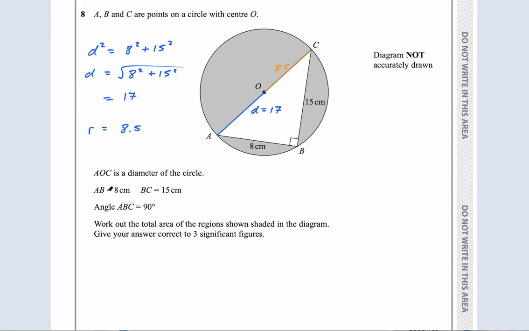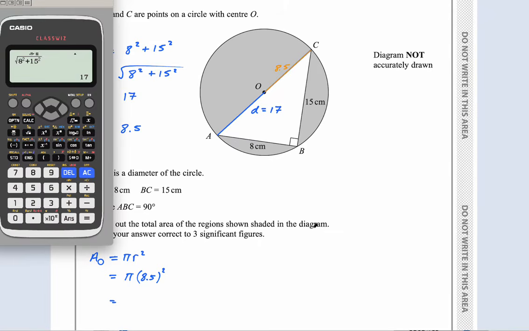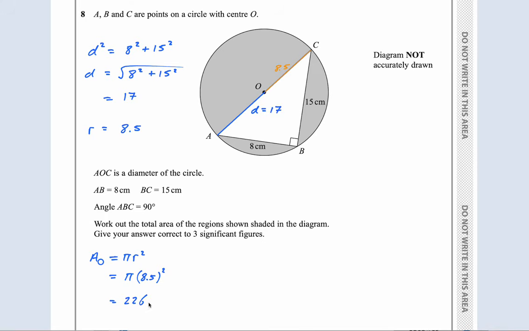Then once I have the radius, I can get the area of the circle. Area of, let's just write circle like this. So the area of the circle equals pi r squared, or pi times 8.5 squared, or using our calculator, pi times 8.5 squared is 226.98.